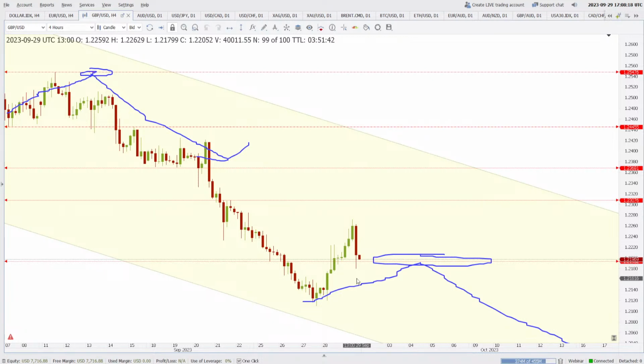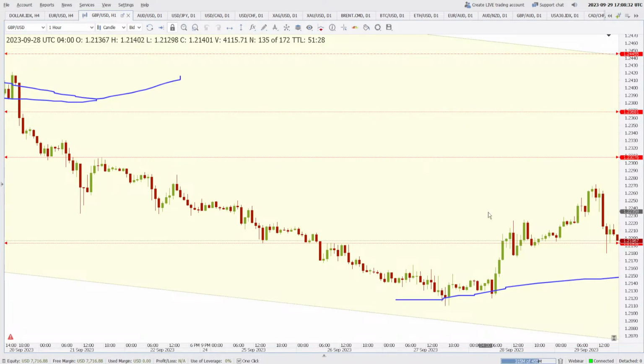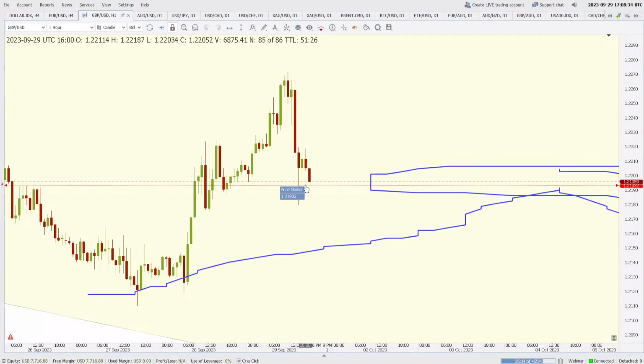And even though the price has seen the lows, I am still expecting this low here to act as a good support, which is 1.2193, and the price is just trading above that. You see on the 1-hour, on the 4-hour, all the places, this area 1.2193 has been acting as a good support. So expect this area to act as a good support and the previous highs to be tested again.